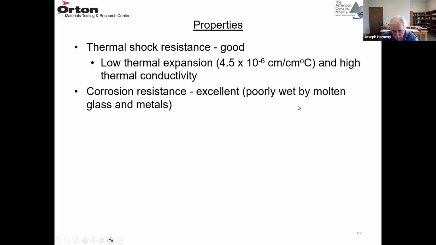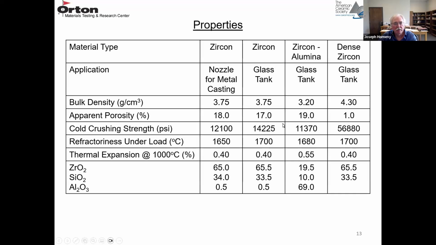So any material that's not wet by a slag or a glass or metal is going to have good corrosion resistance, because it really eliminates or slows down the chemical reactions at the hot face. So it has good thermal shock resistance, good corrosion resistance, but at 1540 it decomposes.